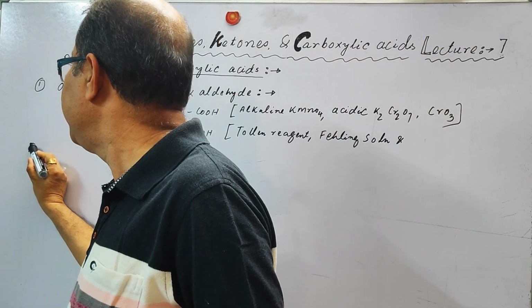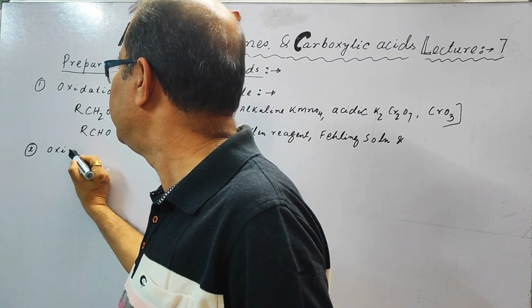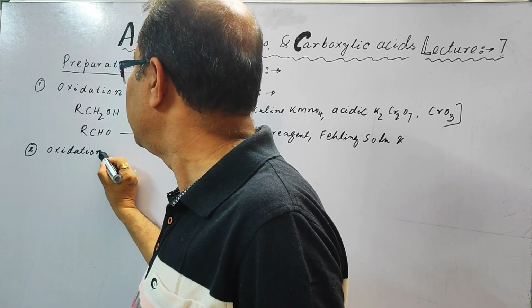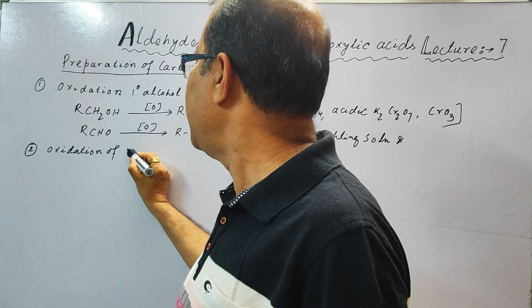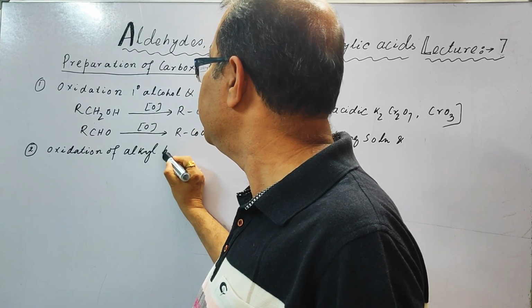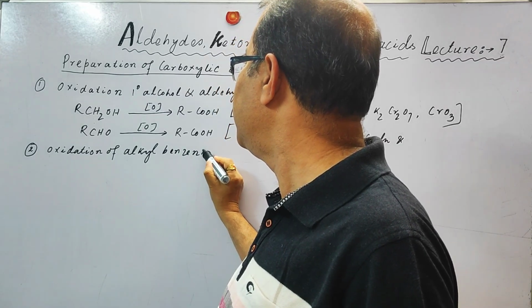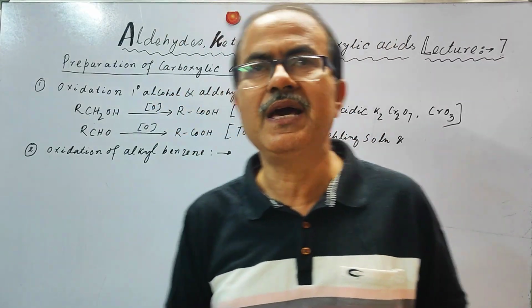Second, again a very important thing, is the oxidation of alkyl benzene. In this process we will produce the aromatic carboxylic acid.